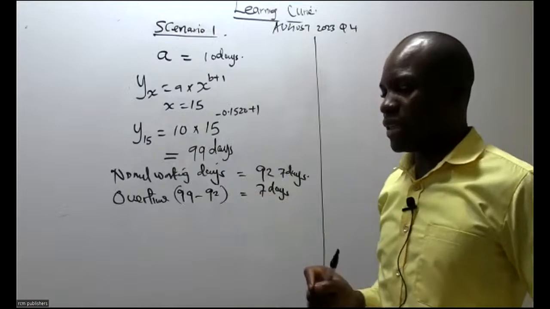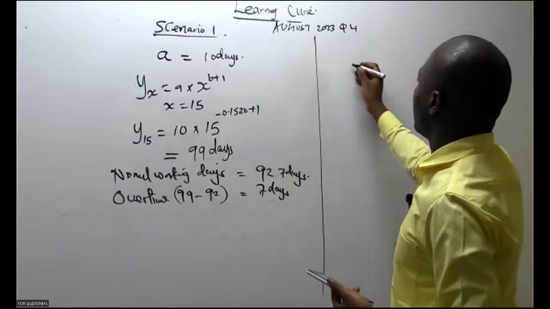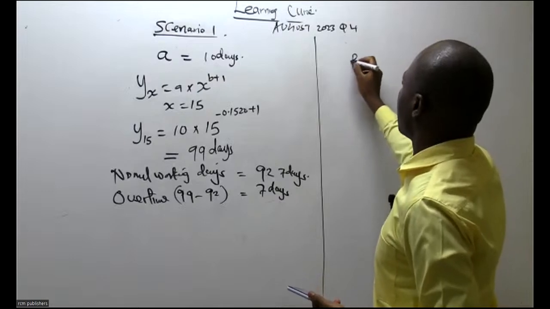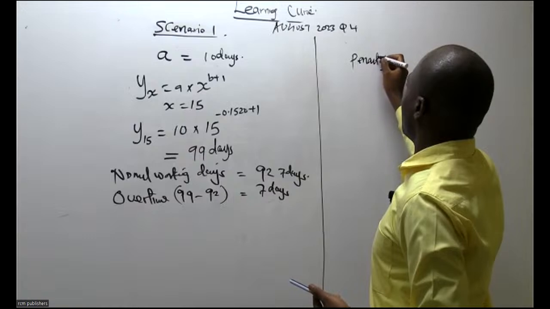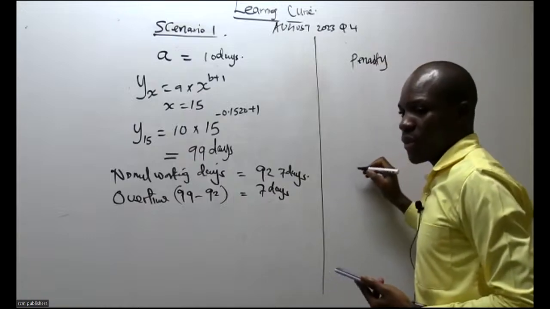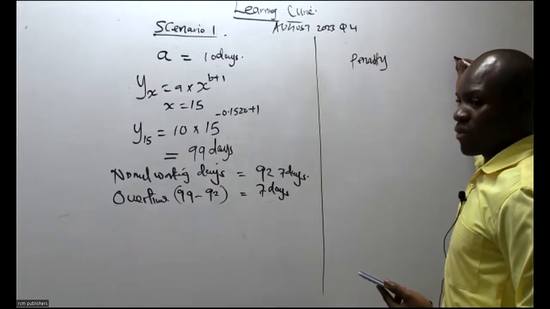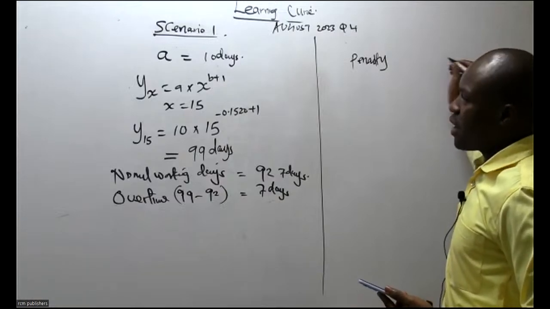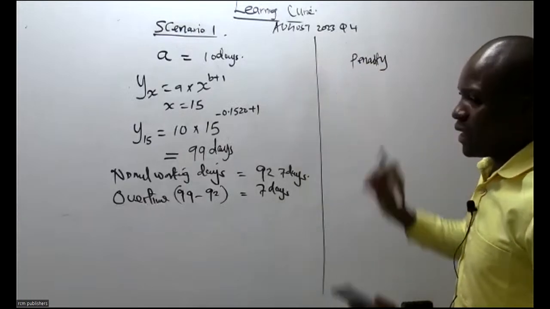So what will be the penalty? The cost of producing these buses. So, are we able to see the penalty? Penalty ni ngapi? Per bus. Under this scenario, you are only penalized if you deliver late.